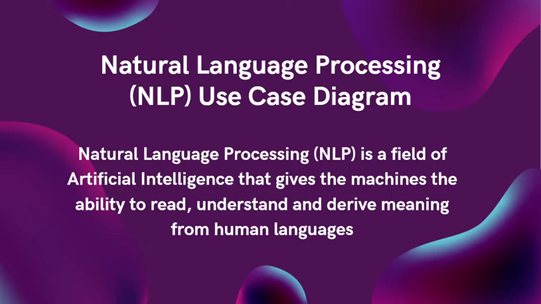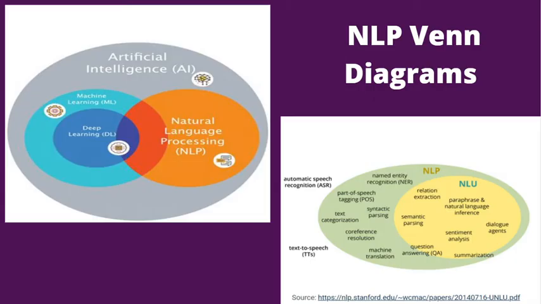In a previous video, I have explained what NLP is, and NLP essentially is natural language processing, which is a branch of artificial intelligence that gives machines the ability to read, to understand, and to derive meaning from human languages. Now, NLP is still a part of artificial intelligence.